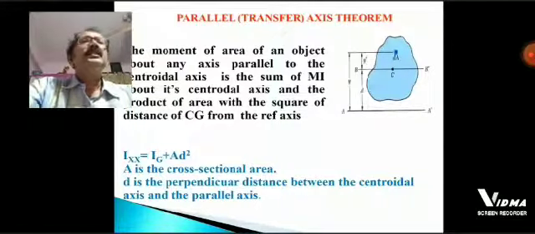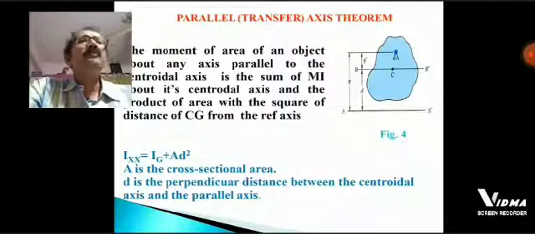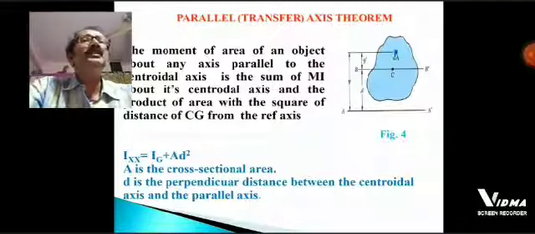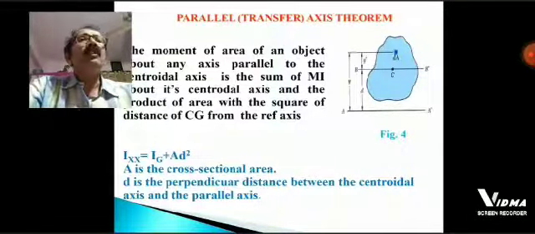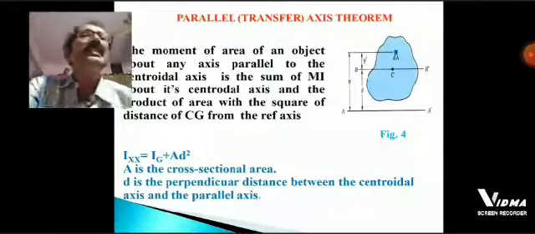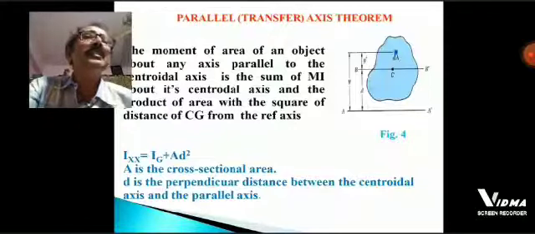Now this is the figure. In this figure 4, there is a total area and a small elemental area dA, and this small elemental area dA is at a distance y from an axis, that is A dash. That axis is parallel to the centroidal axis, that is B dash.